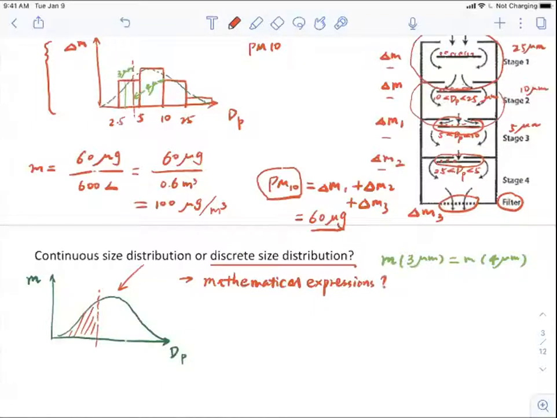So let's try to use mathematical expressions to show these size distributions. I guess the first mathematical equation that we can think about right now is the Gaussian distribution, or people also call that normal distribution.